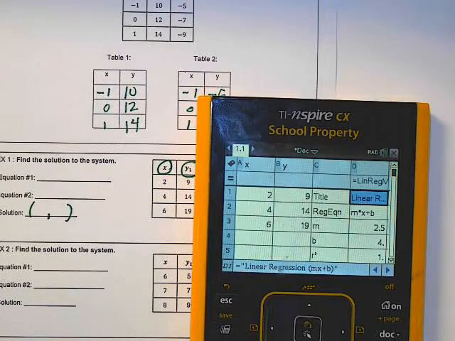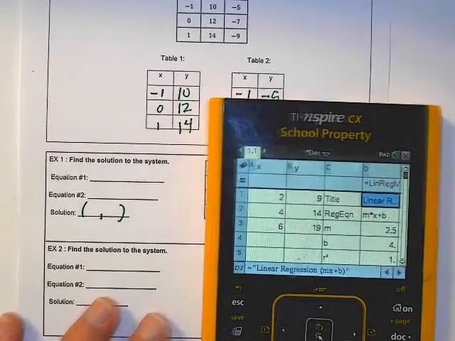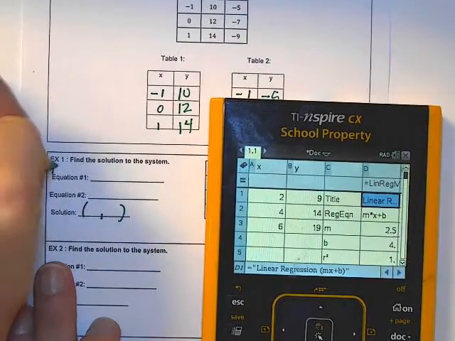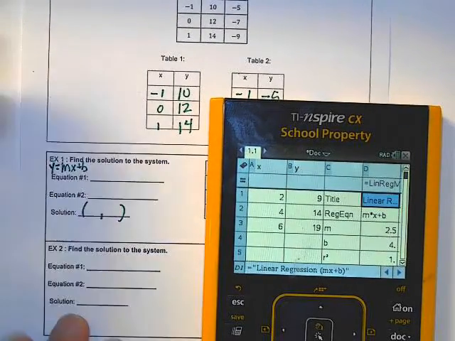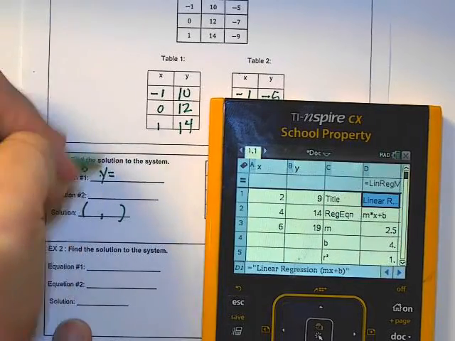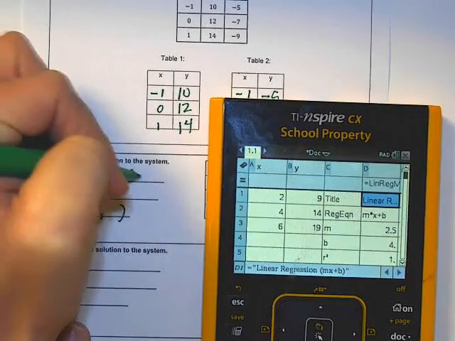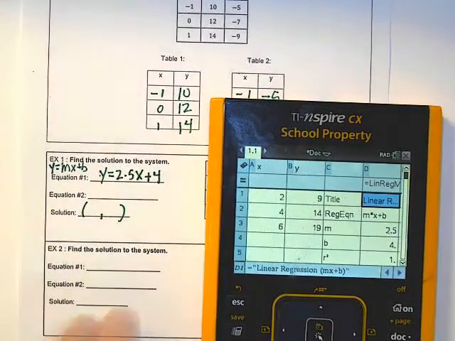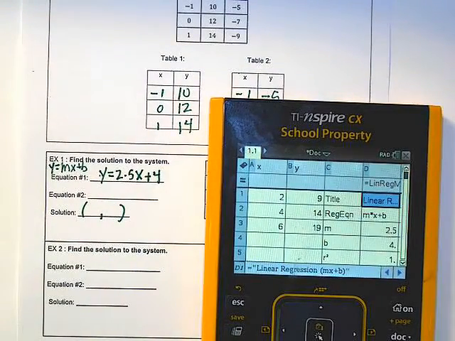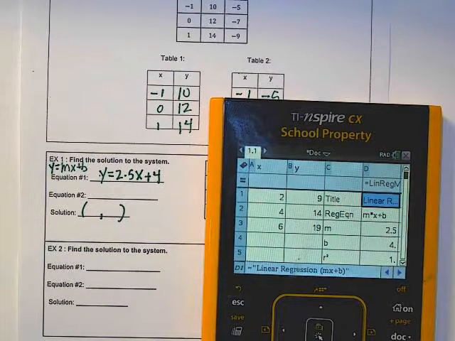It gives me my m and b. Now remember, an equation is y equals mx plus b. So y equals my m, which is 2.5x, and then my b is plus 4. Question? Good?